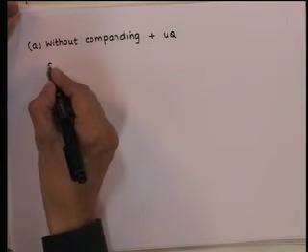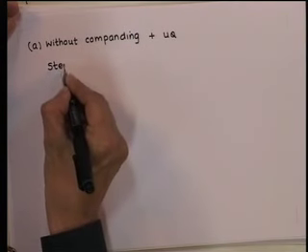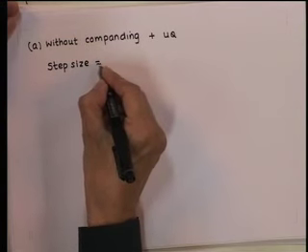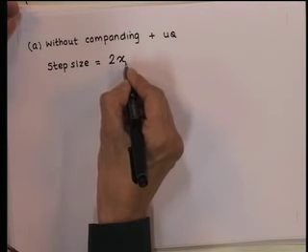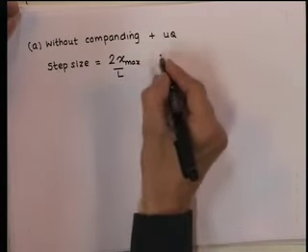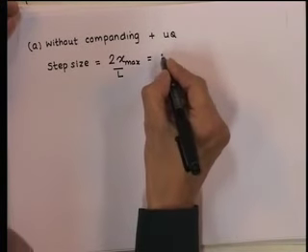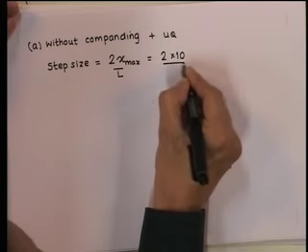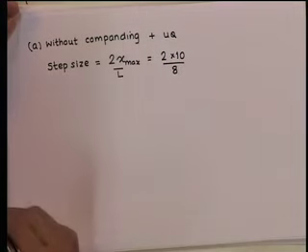In this case the step size is given by 2 x max by L. In this case we have 2 into 10 by 8 level quantizer.